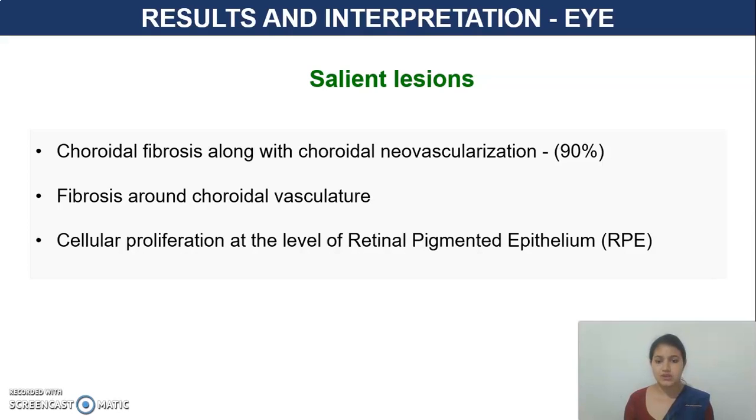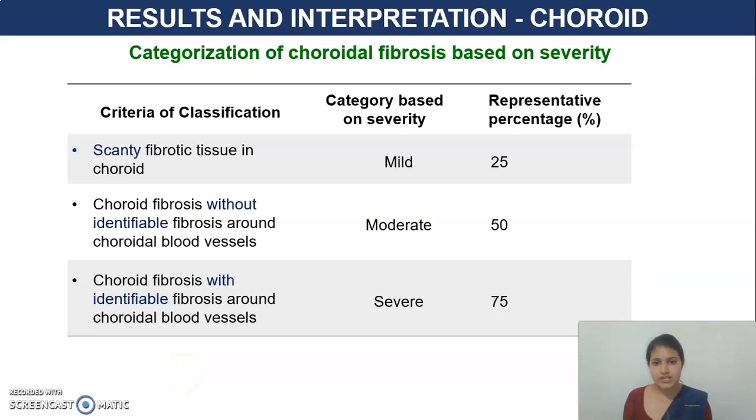So when we consider the choroidal histopathology, 90% of the cases had a variable fibrosis, with some having fibrosis around choroidal vessels and some having a cellular proliferation at the level of the retinal pigmented epithelium. And these choroidal lesions were then categorized based on the extent of fibrosis in the choroids, from mild to severe forms.